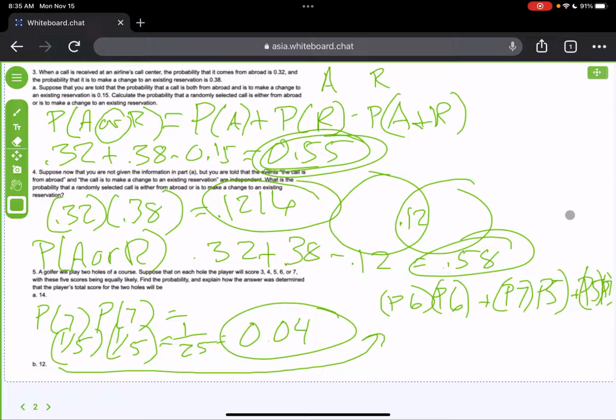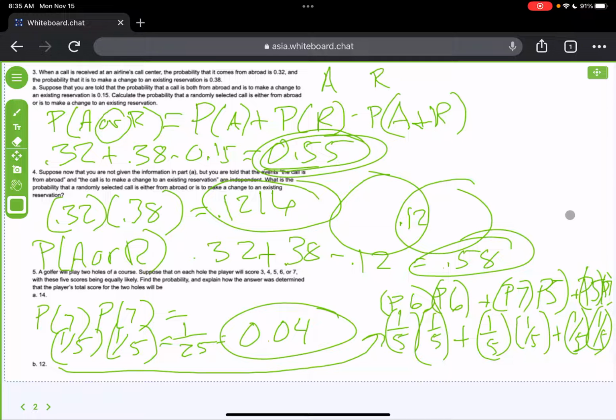No, because it said we were equally likely to get those. So we would say 1/5 times 1/5 plus 1/5 times 1/5 plus 1/5 times 1/5.